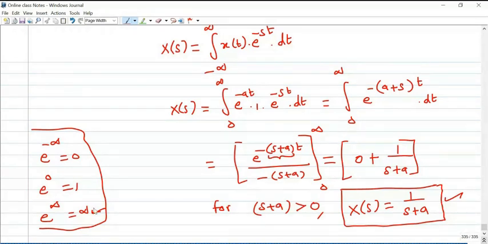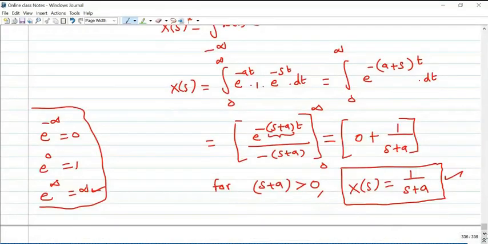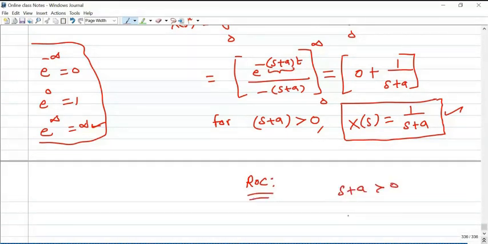Okay. So for this particular problem, X of s exists. The value for X of s is 1 divided by s plus a, based on some condition. What is the condition? s plus a greater than 0. The region of convergence: s plus a greater than 0, or s is greater than minus a.